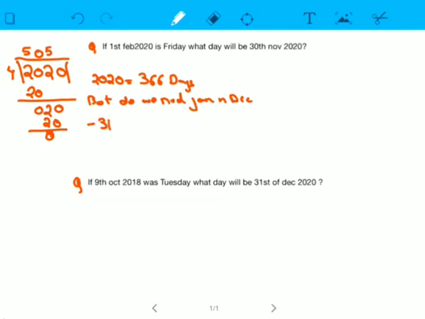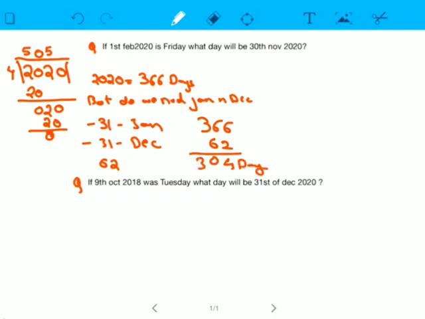So 31 plus 31 is 62, and 366 minus 62 equals 304. 304 days, we need to convert them into weeks, so it'll be easier for us to figure out what day it is, because after every week the day becomes the same. So we need to divide 304 by 7.